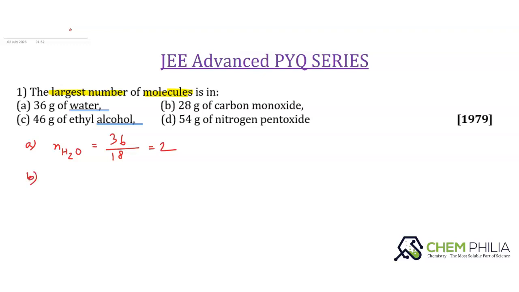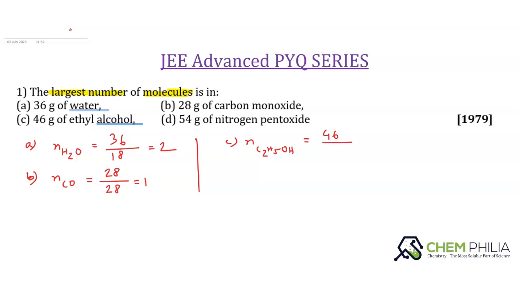Second option, 28 gram of carbon monoxide. Carbon monoxide is CO. So its mass is 28 and molecular weight will also be 28, that is 1. Now let us move on to the option C. Number of moles of ethyl alcohol. Ethyl alcohol is C2H5OH. Okay, the mass is 46 by molecular weight.